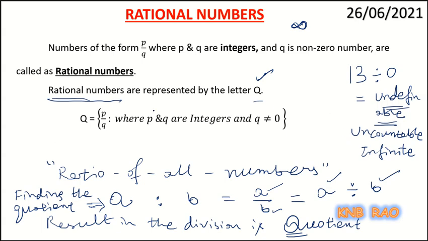So, write down: the rational number set is represented by the letter Q, and the set notation of the rational number set is this one. After pausing the screen, you can write down whatever you want, the reasons for calling them rational numbers.